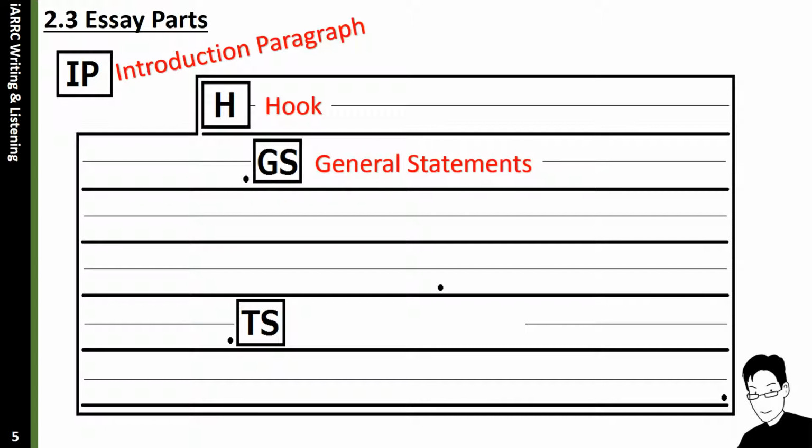General statements introduce the topic or the subject and will gradually become more specific until the end of the introduction paragraph. At the end of the introduction paragraph, there is the thesis statement. The thesis statement gives the objective or purpose of the whole essay. It is a very important part, and it exists only at the end of the introduction paragraph.